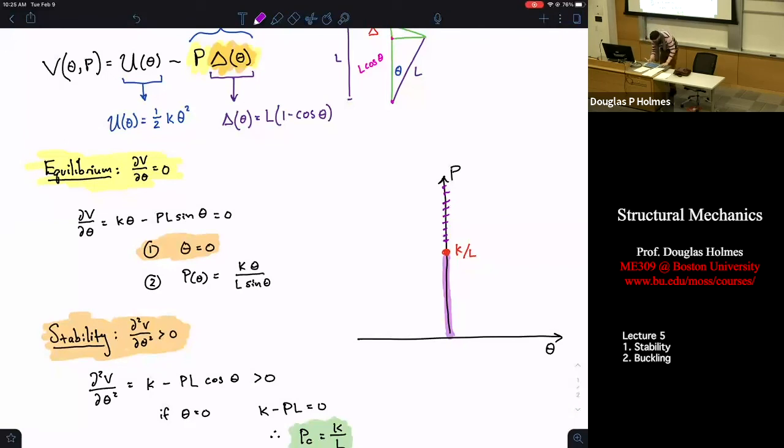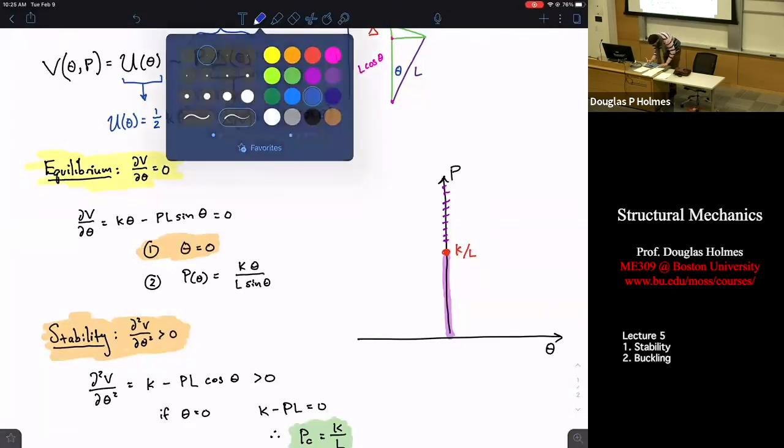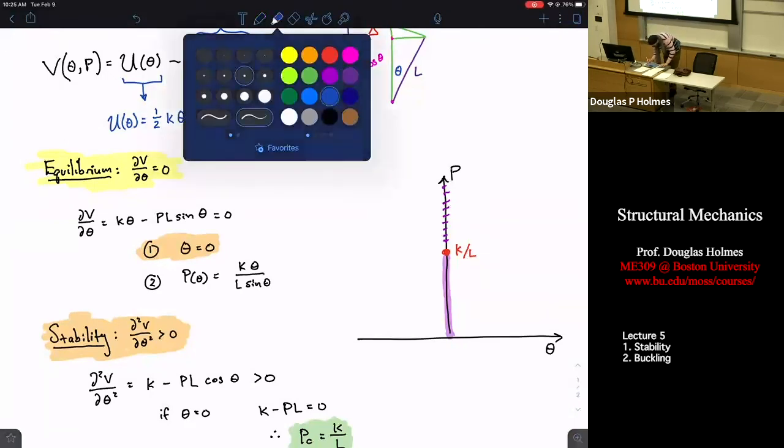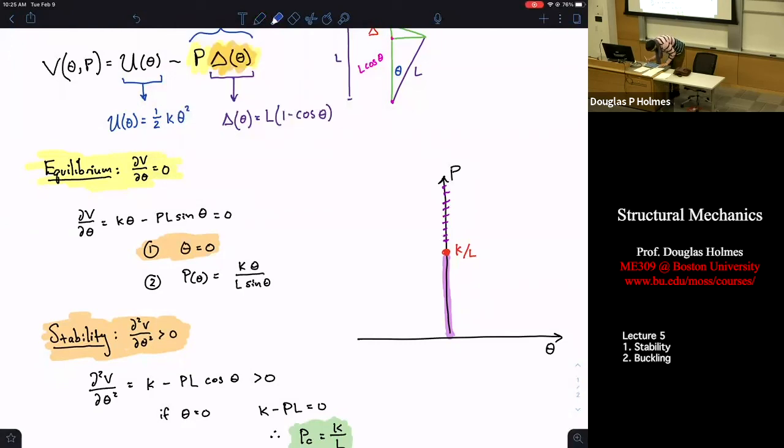And so what that means is it kind of does that.